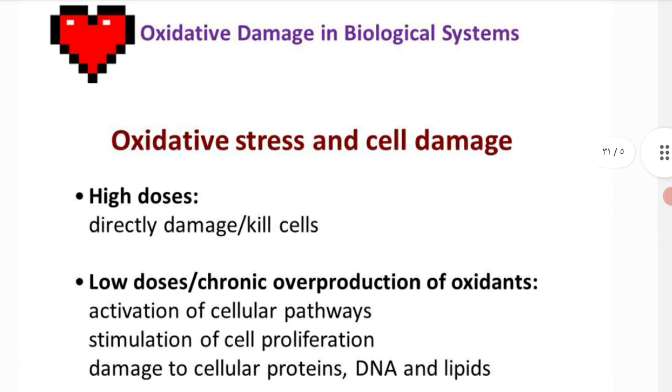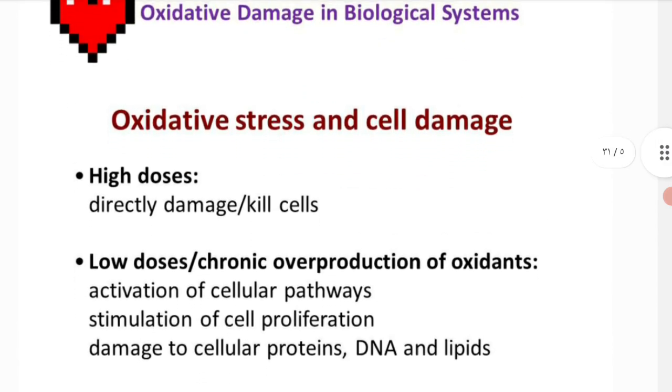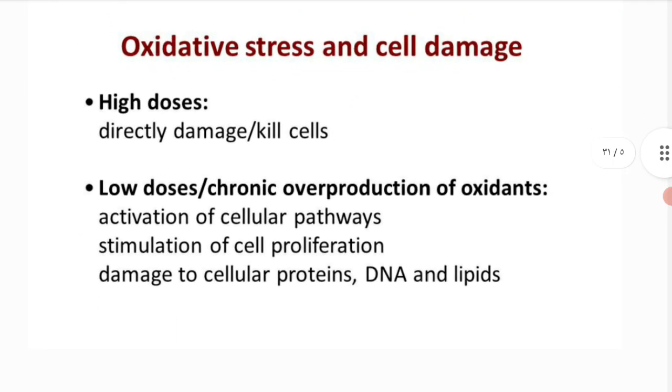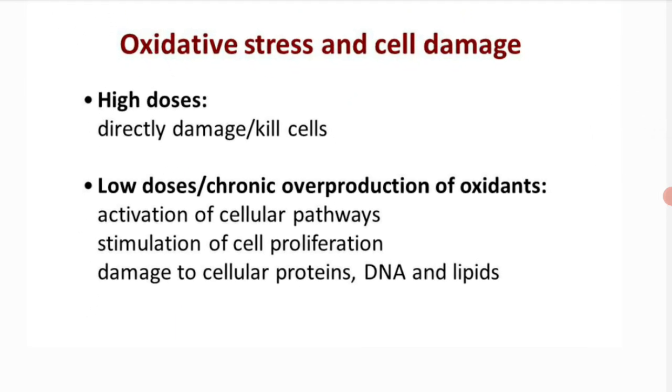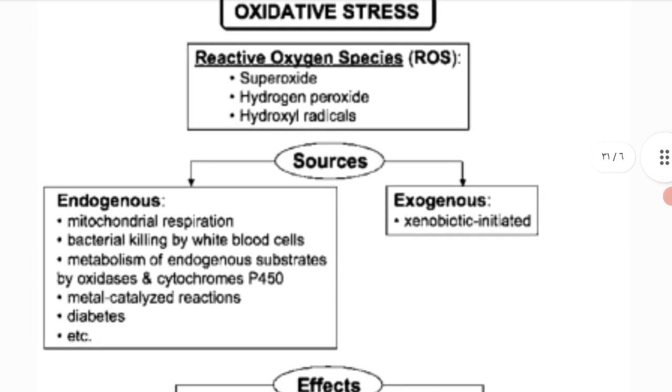Oxidative damage in biological systems: oxidative stress and cell damage. High oxidative stress leads to cell death, but if low, it leads to activation of cellular pathways and stimulation of cell proliferation, and damage to cellular proteins, DNA, and lipids.